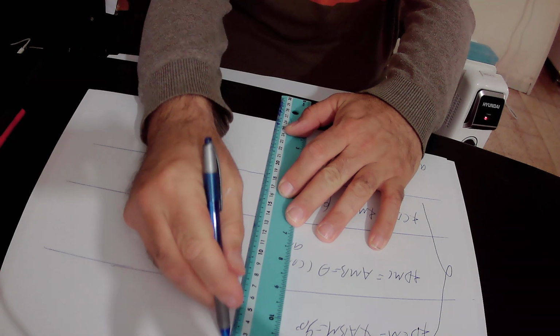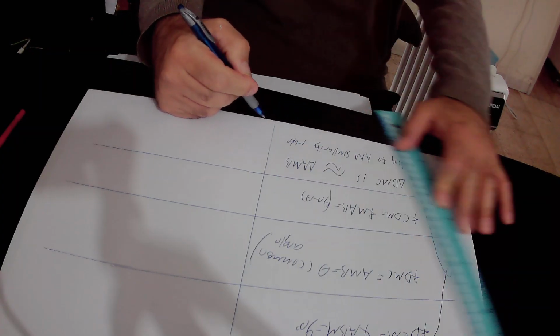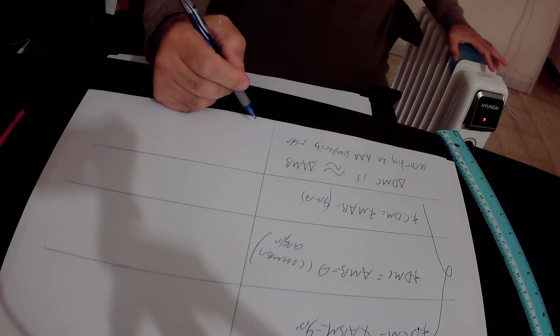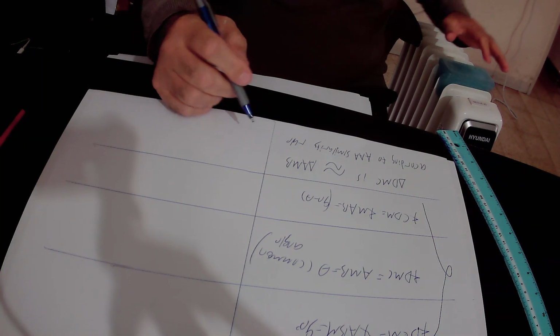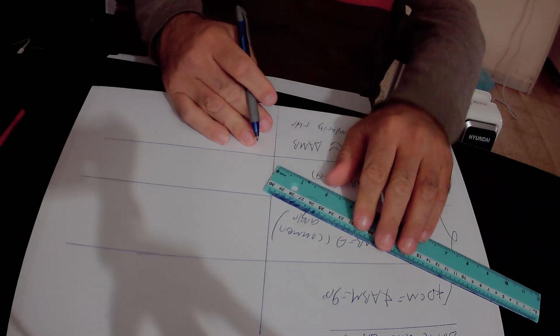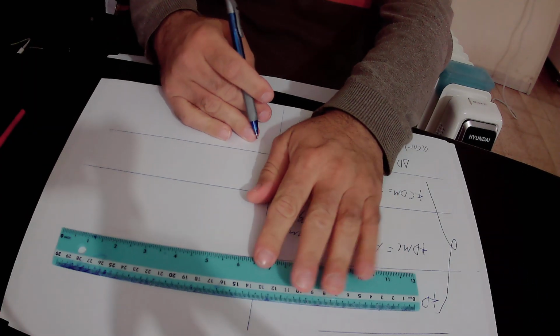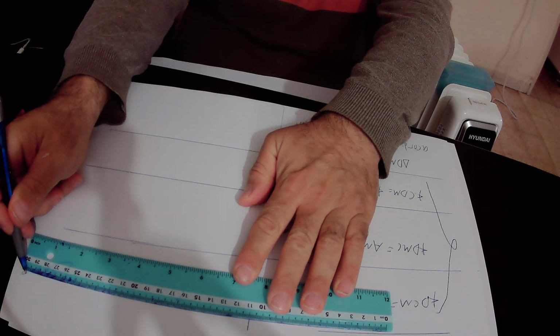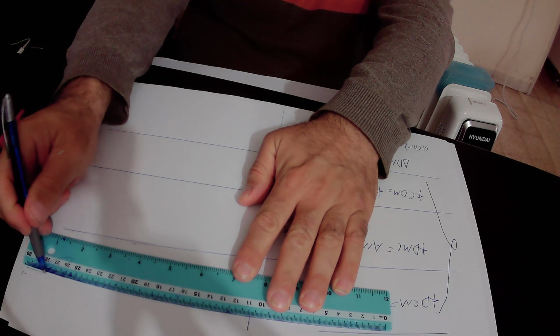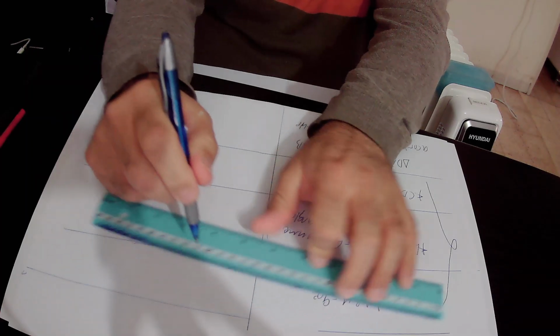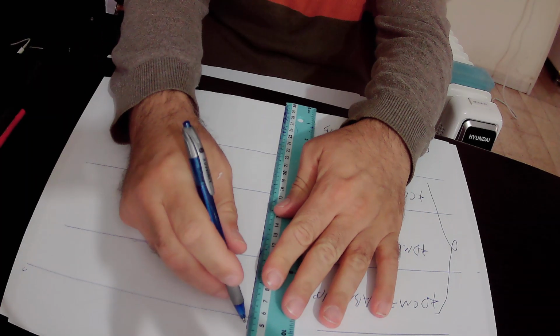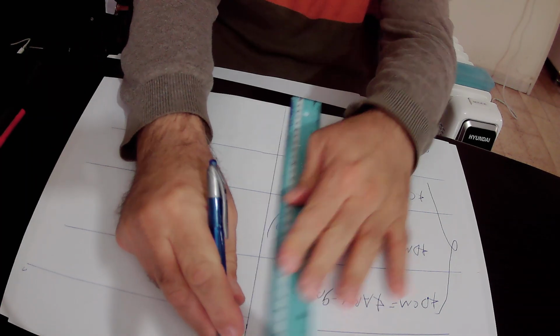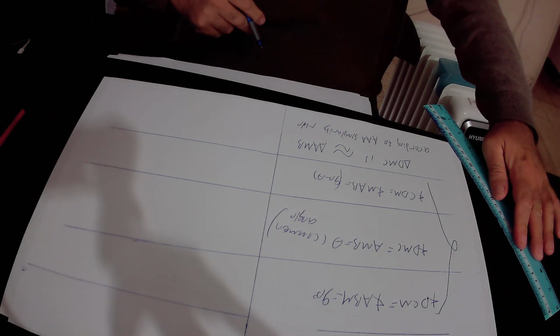The angle similarity rule is that if you prove that all three angles in one triangle are correspondingly equal to all the angles in another triangle, then you have proved that the two triangles are similar to each other according to the angle similarity rule, exactly as we proved in our two triangles.